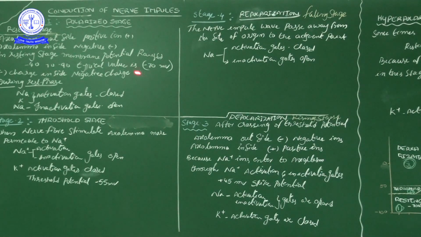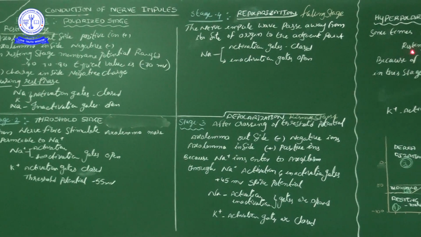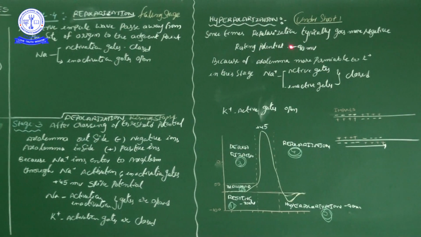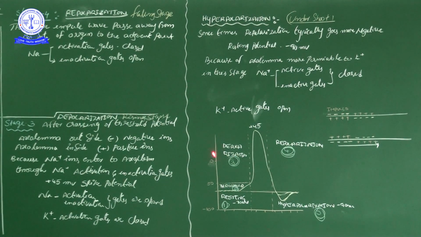Basically the typical value is -70, which means neurons in the resting stage are at -70. In hyperpolarization, the neuron will achieve -90. From -90 it wants to come back to -70, then past -70 to the threshold of -55, then rise to +45. From +45 to -90 is a long distance. So a membrane potential of -90 in neurons is called hyperpolarization.